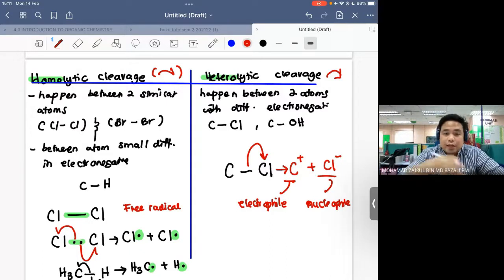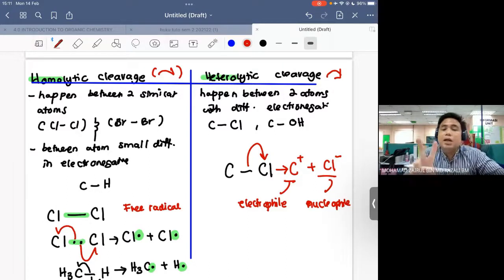Okay, later in this course we will learn how to write mechanisms. A mechanism is basically how we use the curly arrow to show the formation of the product, how the product is formed. So for certain reactions we use homolytic cleavage, and for certain reactions we use heterolytic cleavage.